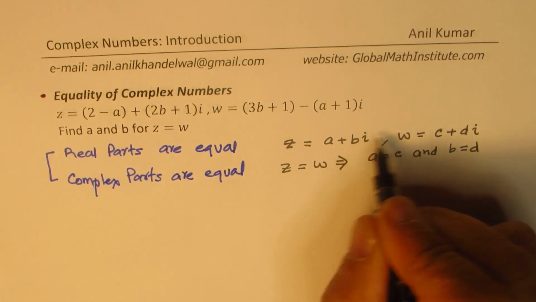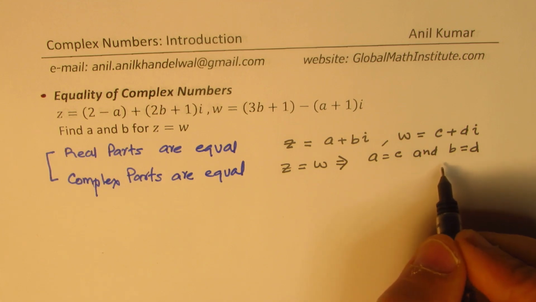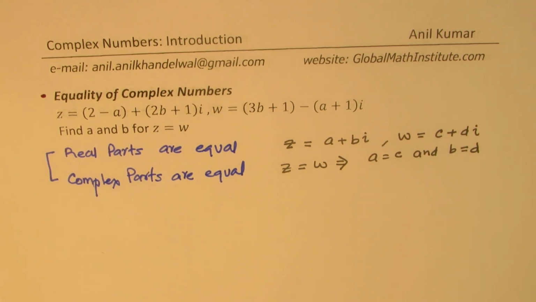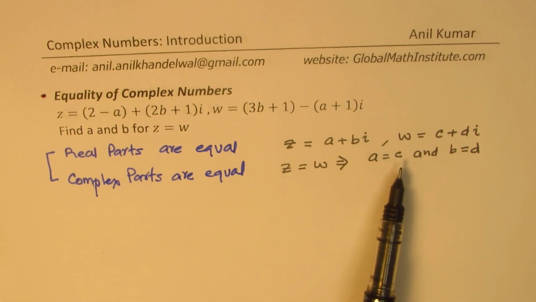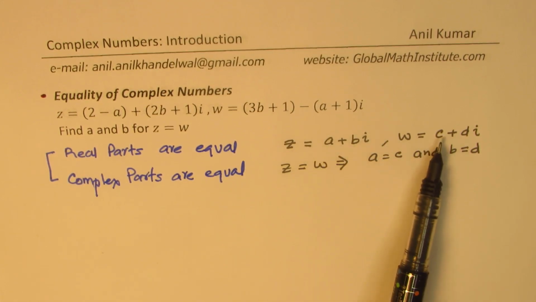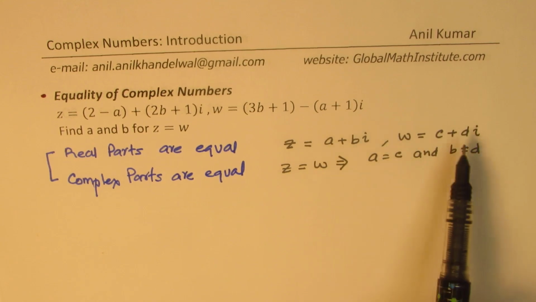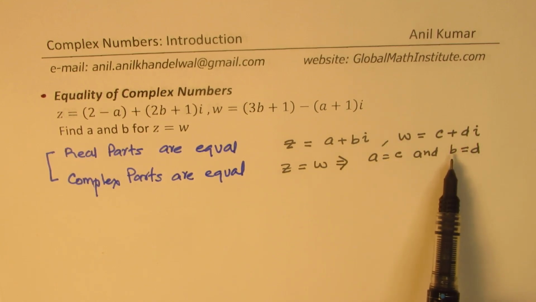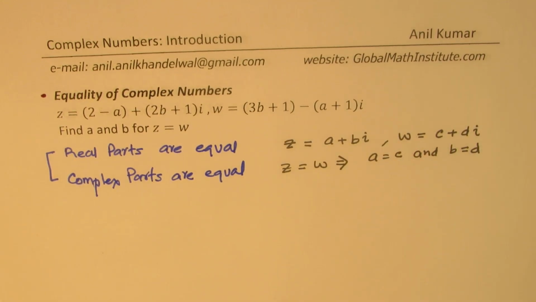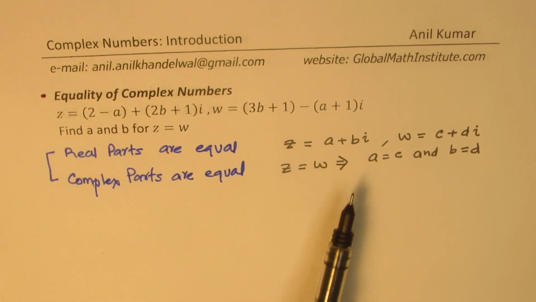So these are the two complex parts. You can write i also, but you can write the coefficients also. That means the real parts are equal and the complex parts bi and di are also equal. So we have written b and d, i and i cancel. Is that clear to you? So that is the concept. With that, we are going to solve this particular question.